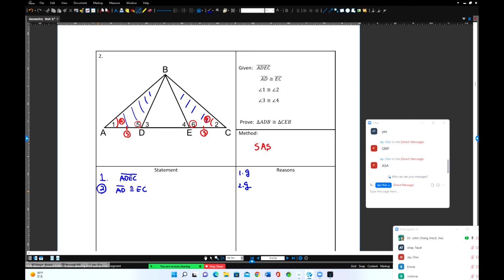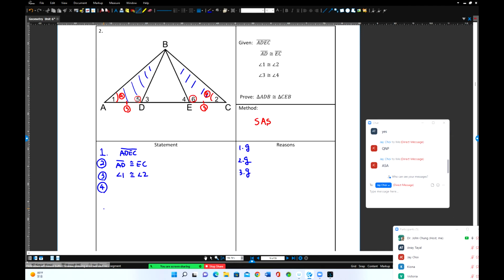Third one is angle 1 congruent to angle 2. This is already done. We got one side, one angle. We need one more, angle 5 and 6. So we have to prove angle 5 congruent to angle 6.